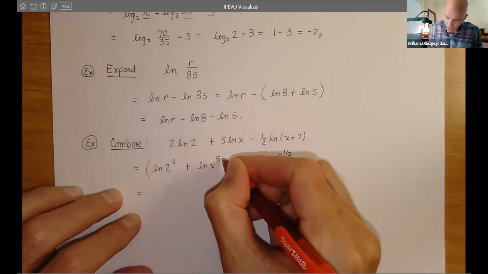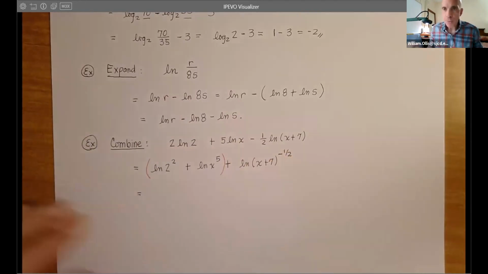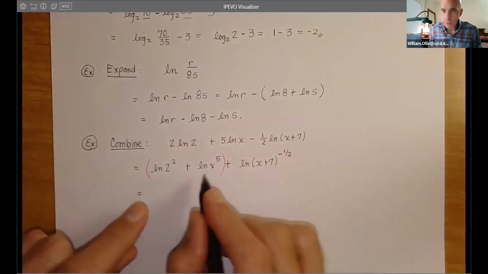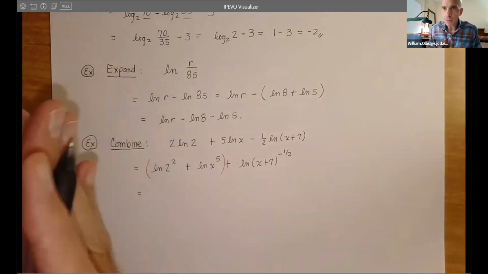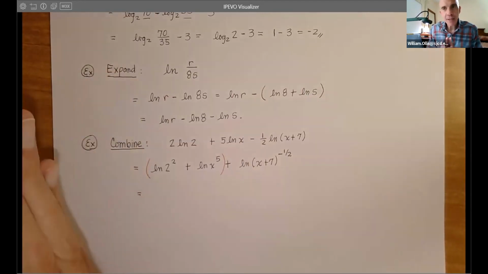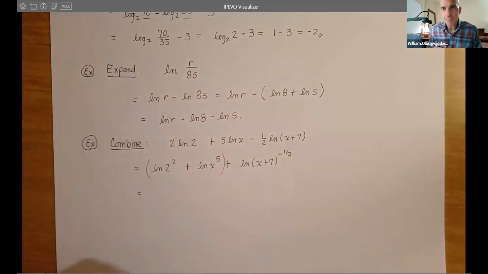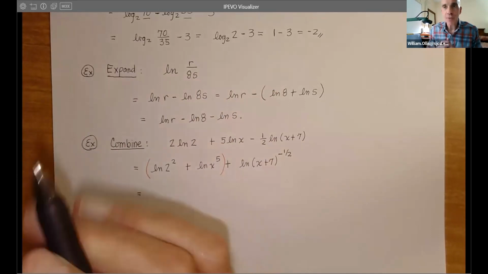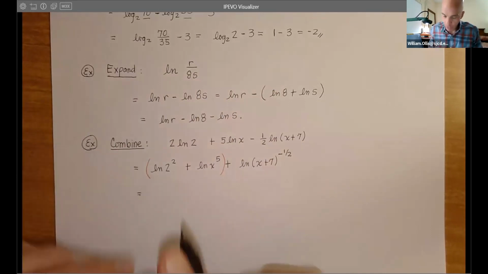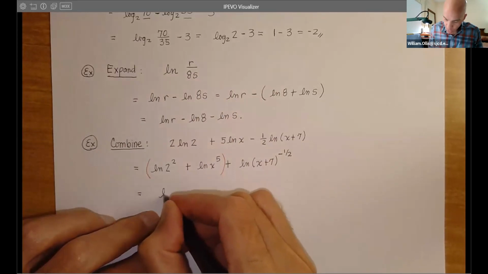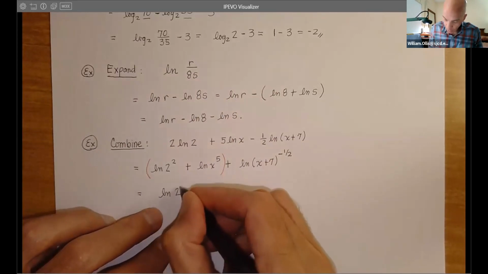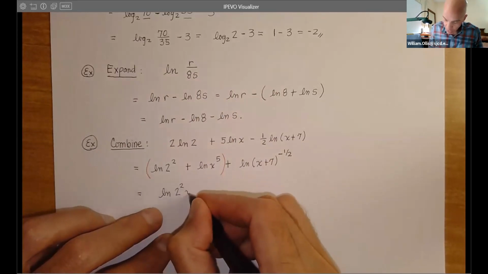Let's go ahead and just put these two together and use the product rule. That is, we have the sum of logs will now be the log of a product. And again, let's remind ourselves, why are these working? Because the bases are the same. If the bases weren't the same, we couldn't use these rules. So that'll be another thing that we'll contend with when we solve equations. So this will be the natural log of 2 squared times x to the 5th.